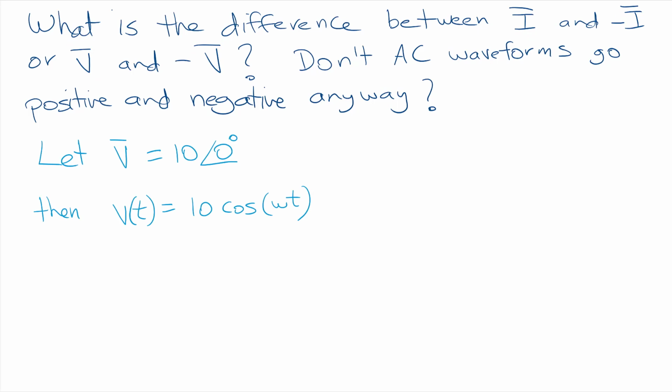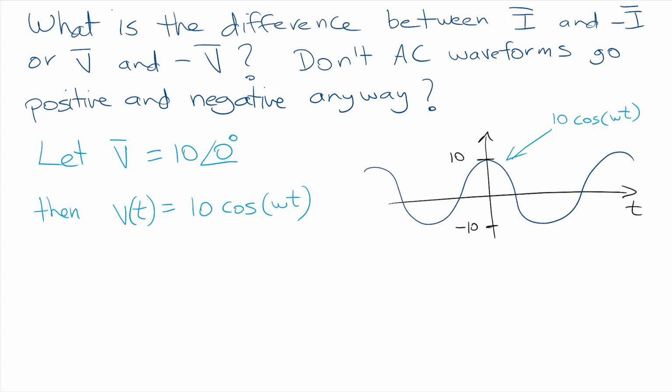Our voltage phasor V was 10 with a phase angle of 0 degrees, and the time domain expression was 10 cos omega t. So what does that look like as a waveform? That just looks like that. It's just an ordinary cosine wave with an amplitude of 10.